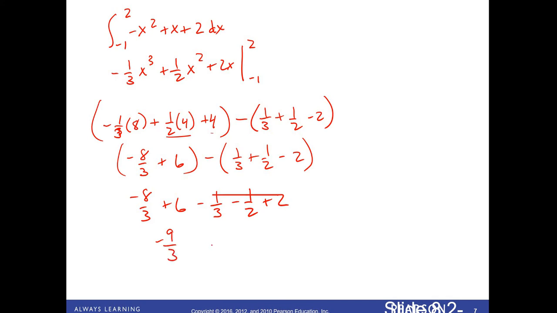Negative 9/3 minus 1/2 plus 8. So that's negative 3 minus 1/2 plus 8 is 5 minus 1/2 is 4.5 or 9/2. Okay? So this is, you should remember this.